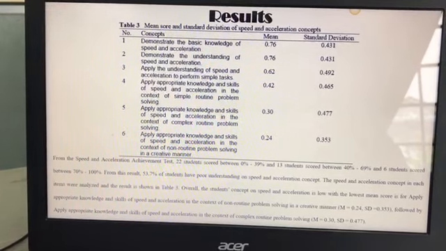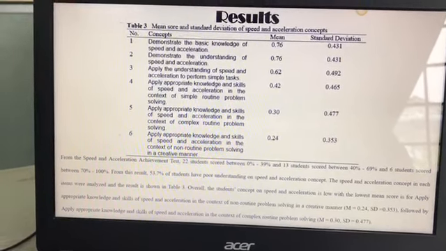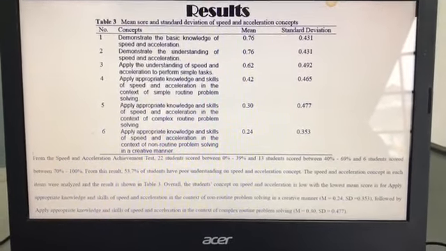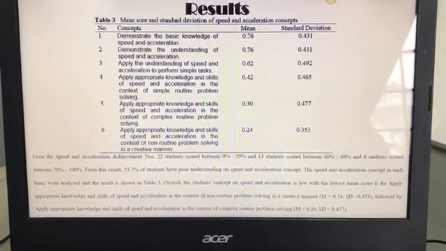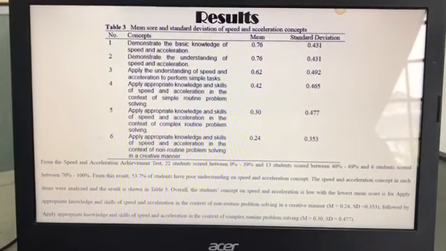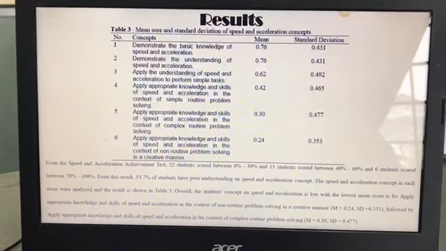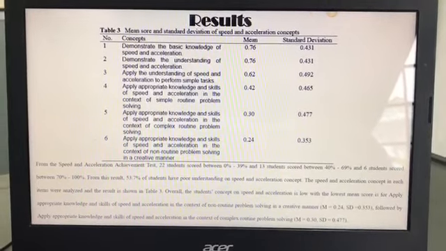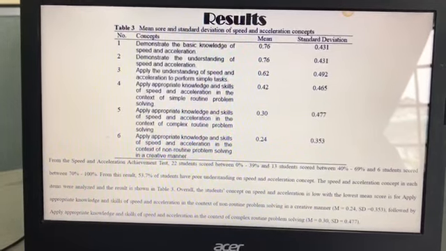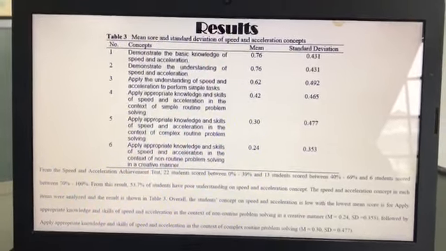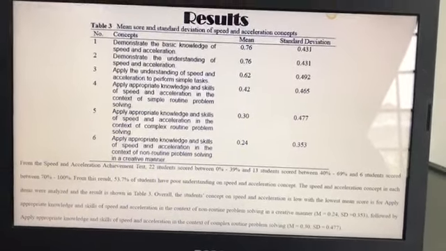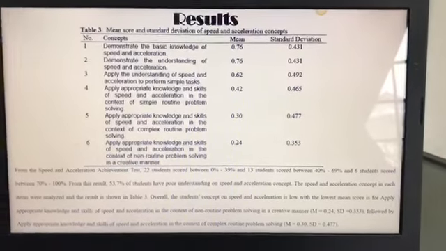Overall, the student concept on speed and acceleration is low, with the lowest mean score for the concept of applying, appreciating knowledge and skill of speed and acceleration in the context of non-routine problem solving in a creative manner, which has a mean of 0.24 and standard deviation of 0.353. This is followed by applying, appreciating knowledge and skill of speed and acceleration in the context of complex routine problem solving, which has a mean of 0.30 and standard deviation of 0.477.